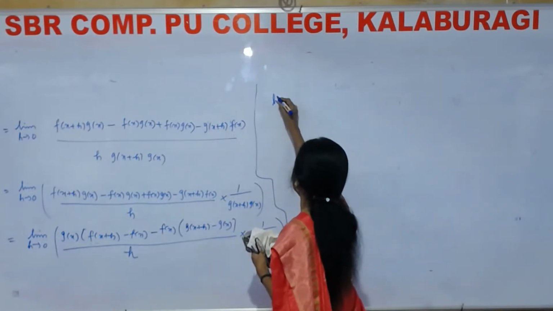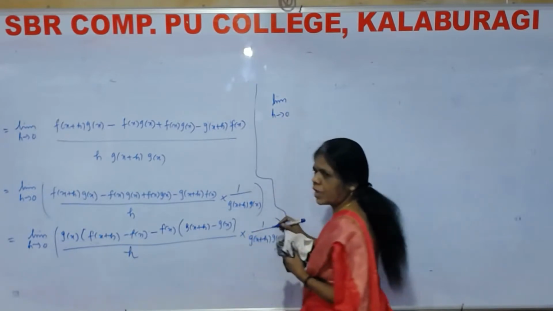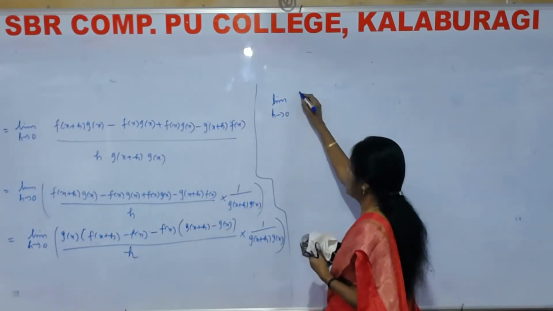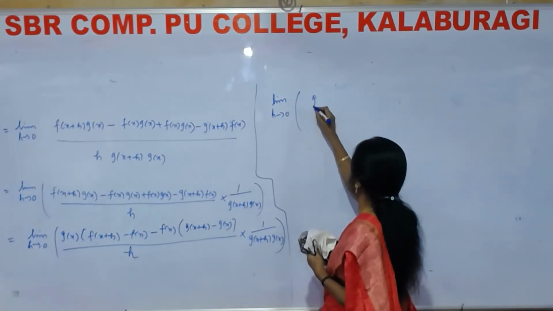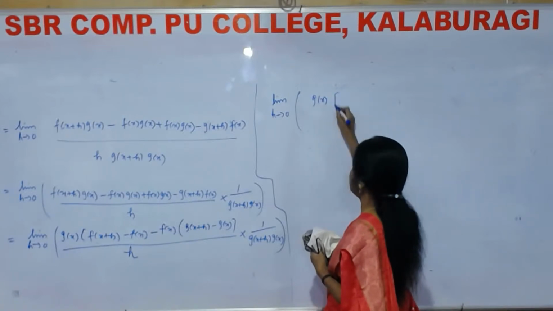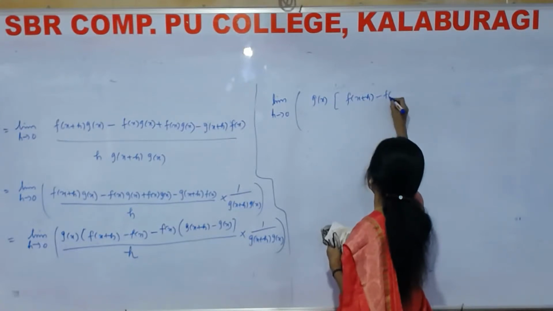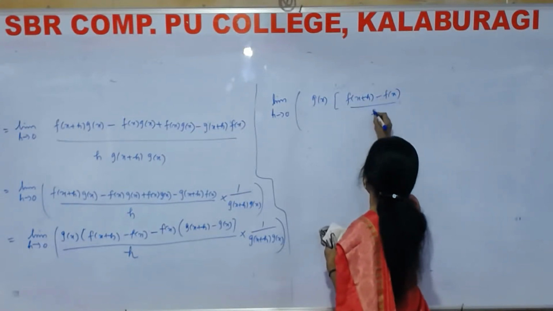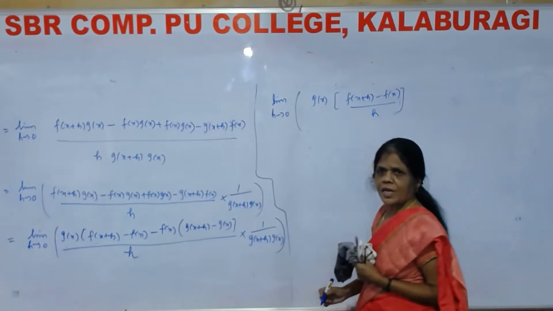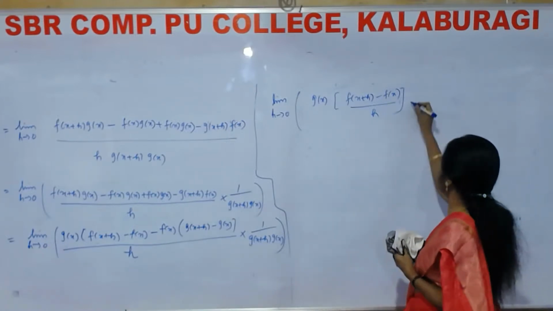Limit h tends to 0. Okay, tell me what is that? g of x into f of x plus h minus f of x divided by h. Can you write like this? Minus.